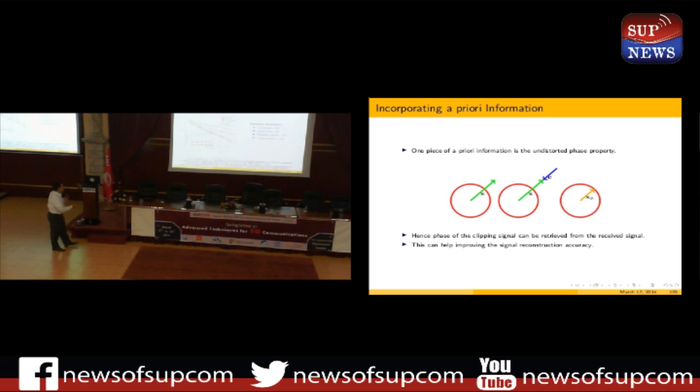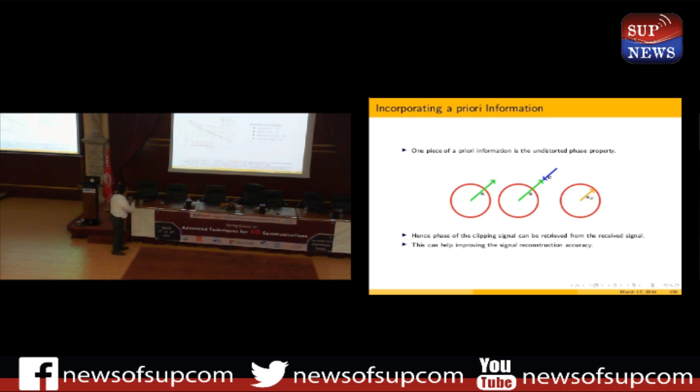So if we do this, then this is what we get, okay? This is the bit error rate versus SNR. The lower curve is the case where I know exactly where the clipping happened, and I use least squares. This one here is where I clip, and I don't do anything after clipping. I just use the signal as is without correcting for clipping.